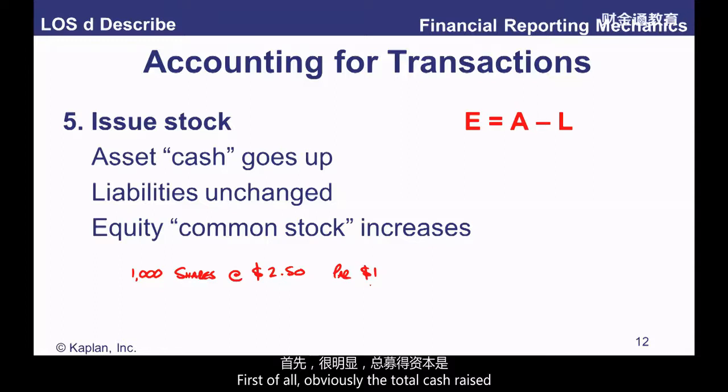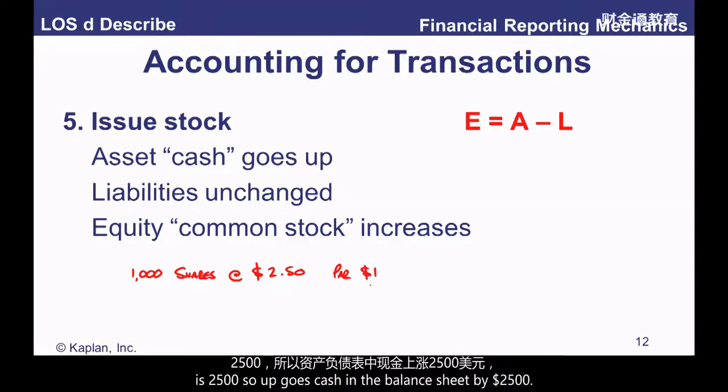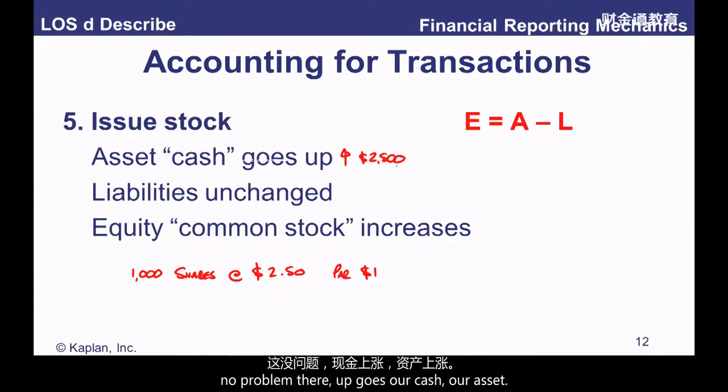Now, first of all, obviously the total cash raised is $2,500. So up goes cash in the balance sheet by $2,500. No problem there. Up goes our cash, up goes our assets.